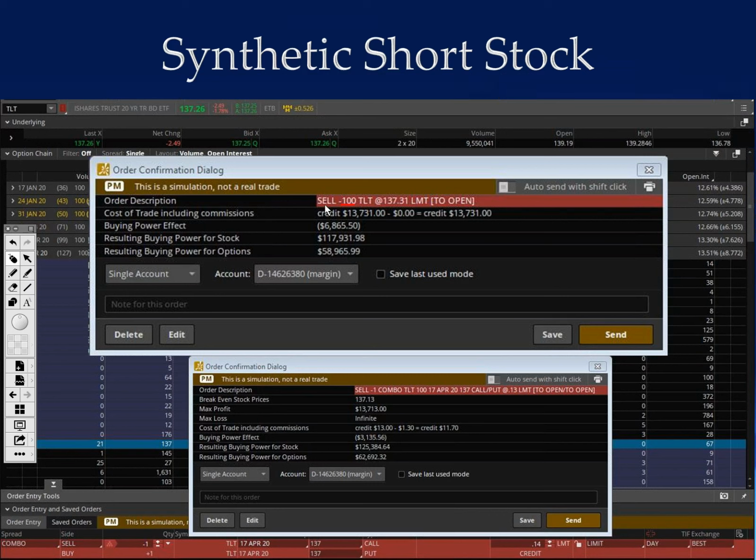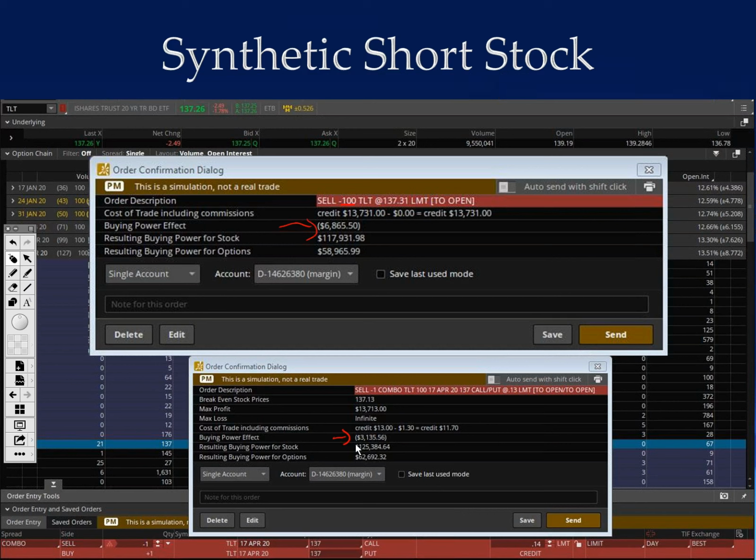So if we sold 100 TLT at $137.31, and I do this same strategy down here, you can see that my buying power effect is $6,865. Well, down here, it is less than half. More than 50% less buying power effect.